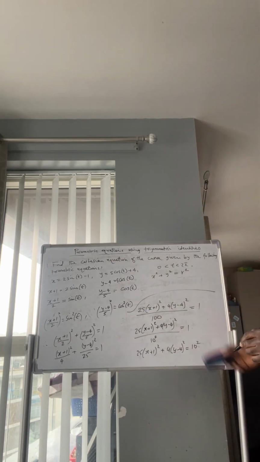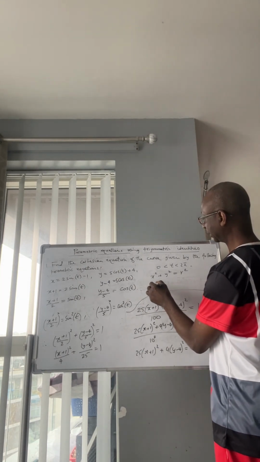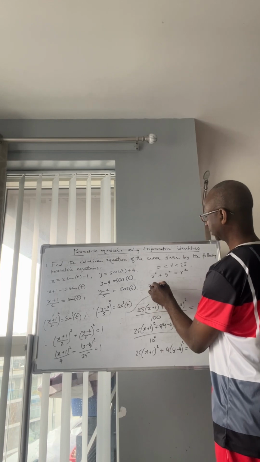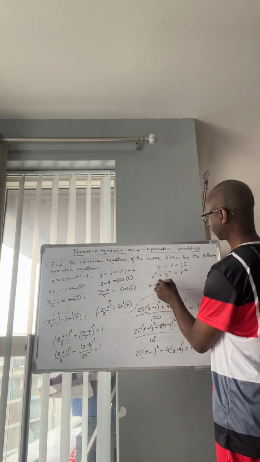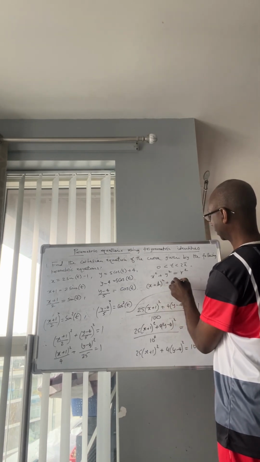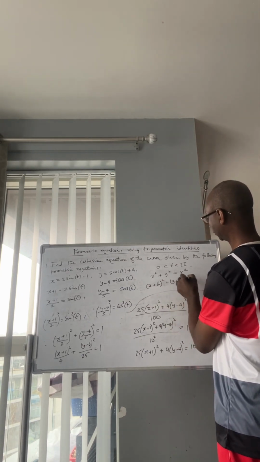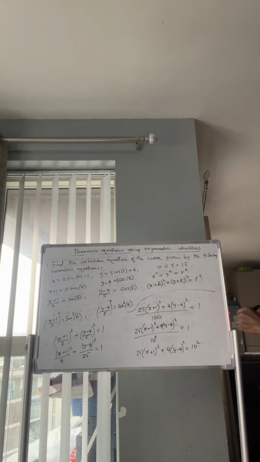If it's not centered at the origin, then you have x plus h squared plus y plus k squared equals r squared. These are all equations of a circle.